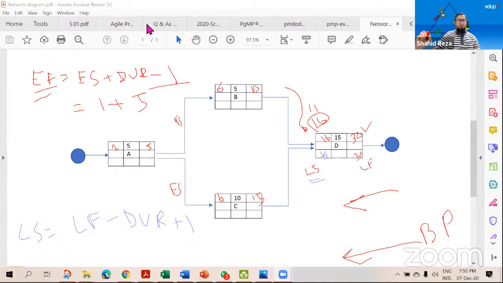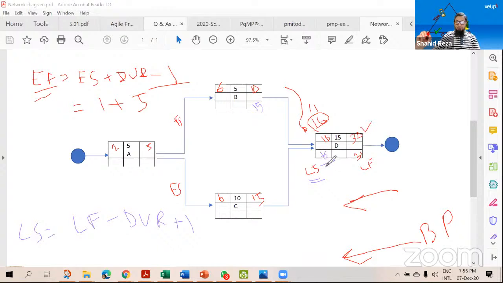Okay. Now we have to calculate late finish of this task and late finish of this task. So when can we finish this task? This is 16, which means on the 15th we have to finish this task. Latest we have to finish the task on the 15th, so that on the 16th the late start happens.